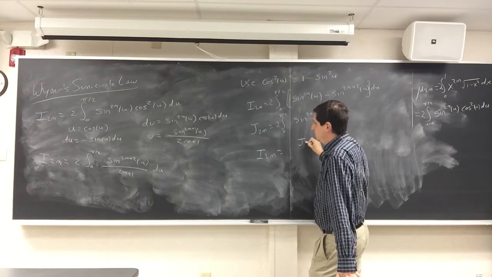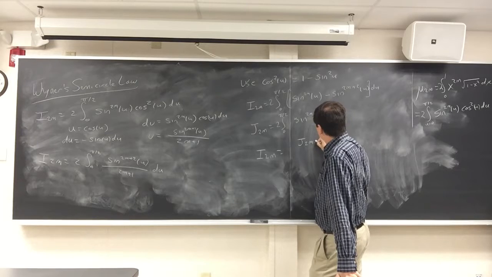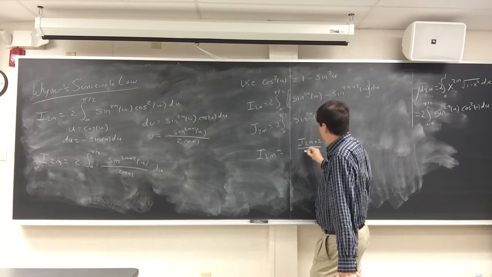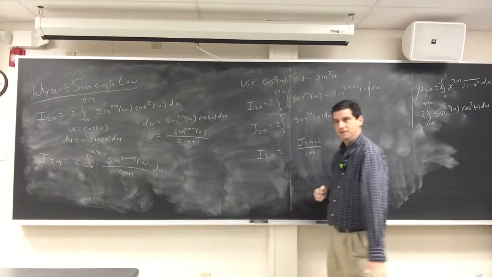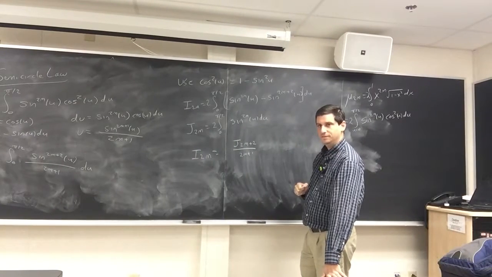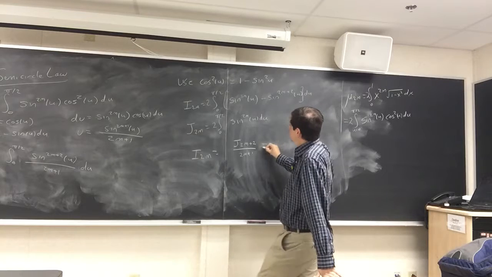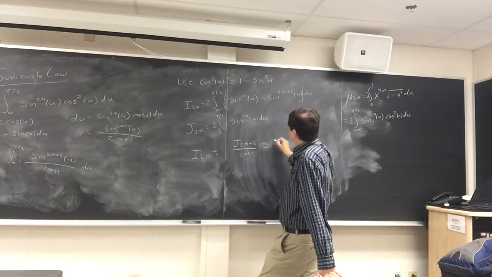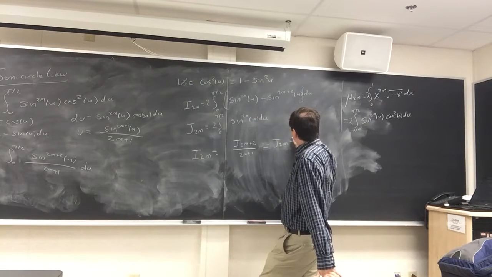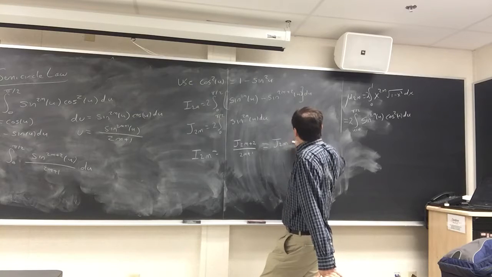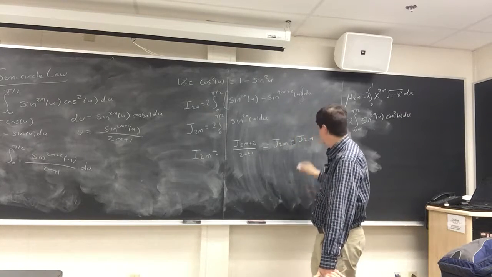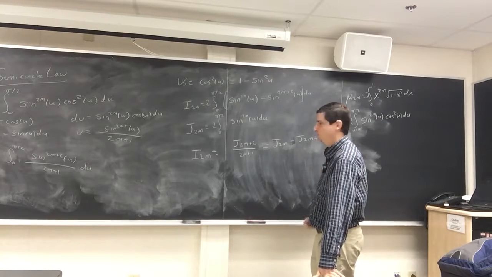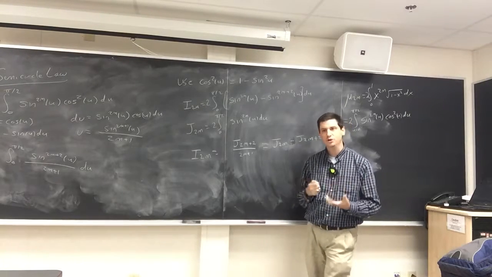It's j of 2m plus 2 over 2m plus 1 from this part, right? And this equals this part over here, j of 2m minus j of 2m plus 2. So this is, I called it the bring it over method.